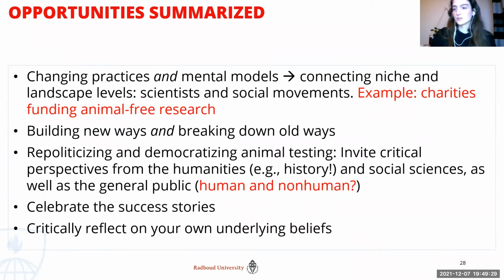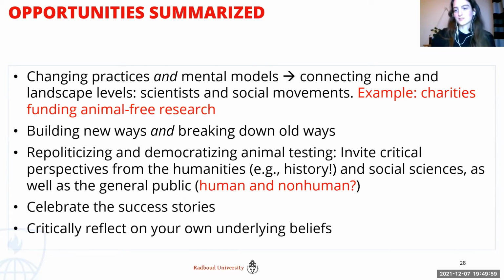If you connect them, I think that can be a really strong force to push forward change in the regime. And I think a nice example is always NGOs and charities that fund animal-free research. Sometimes it's a charity for a specific disease or condition that only funds animal-free research on helping people with that disease or finding a cure for that disease, for example.